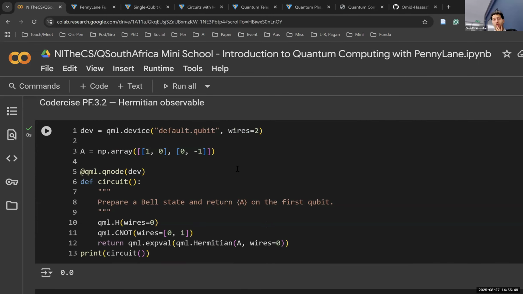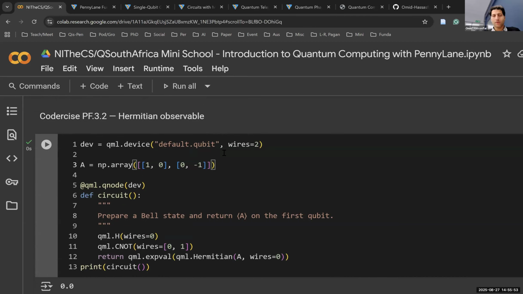Also, it's possible to specify a Hermitian observable. Your observable should be Hermitian, and Hermitian means if H is your matrix, it should be equal to H dagger. This is different from unitary, keep in mind.